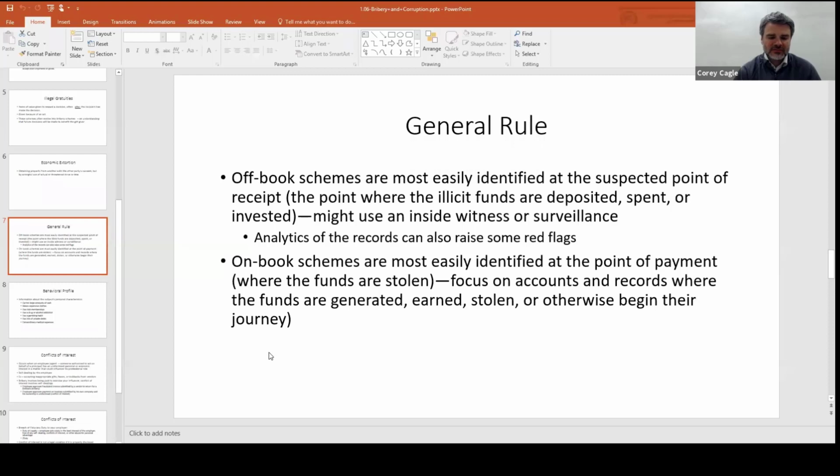On-book schemes, usually better identified where the funds are stolen. So they kind of throw that in there. I don't know that I spend a whole lot of time worrying about that, but I thought it's worth noting on the slide. Not sure where the test questions would come from that, other than just maybe the basic, off-book schemes are most easily identified where A, B, C, D.